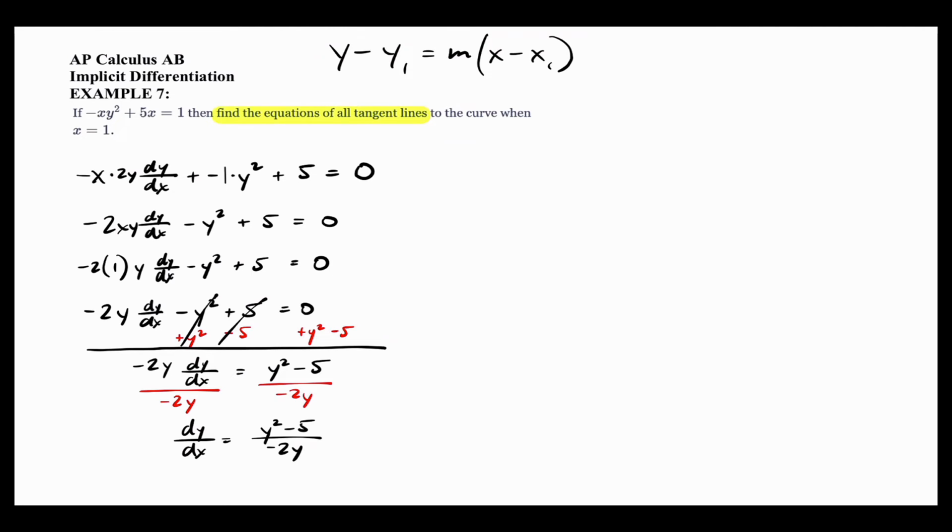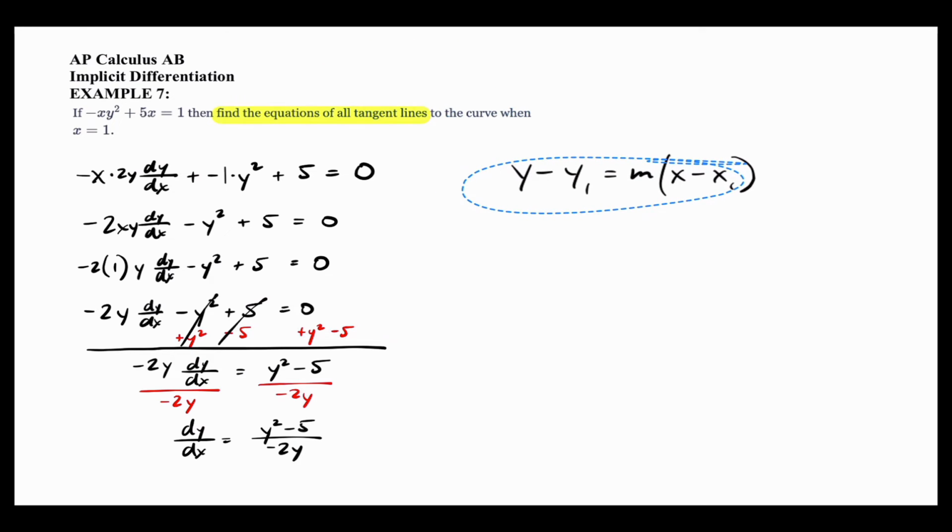So far, my answer's got to be this guy. So far, all I have is a 1 here. That's all I have. I need an m and I need a y1. How do I get m? How do I get y1?